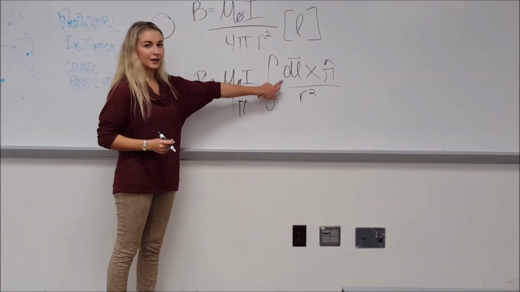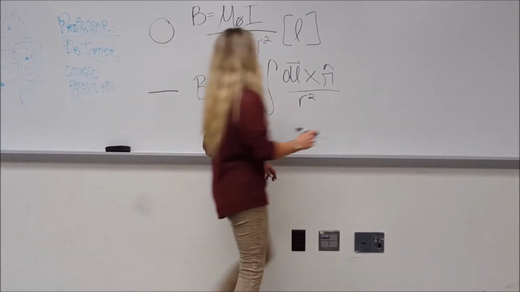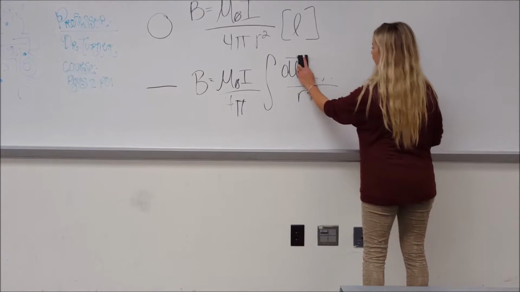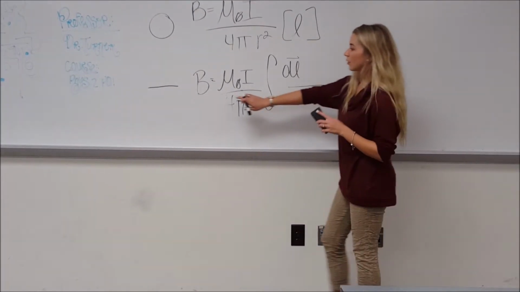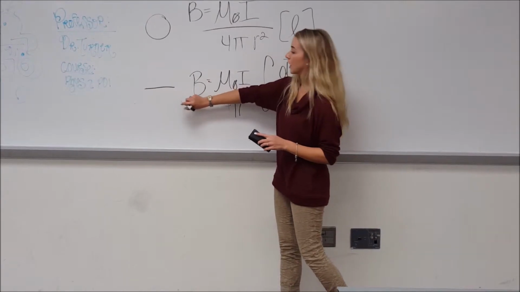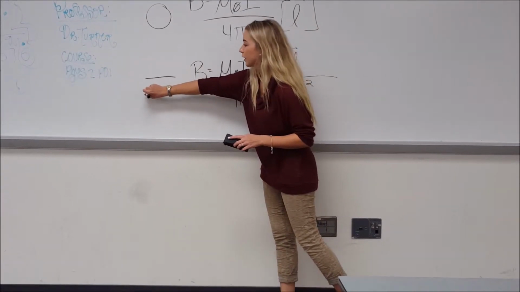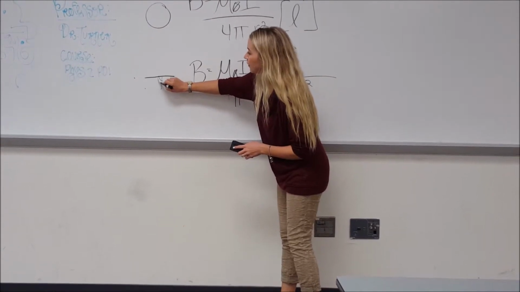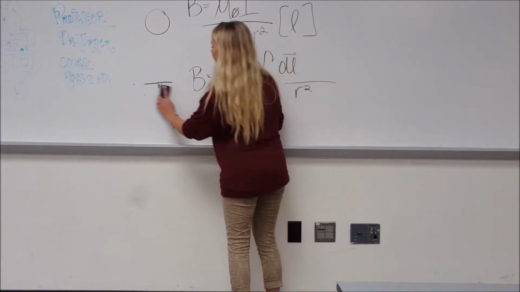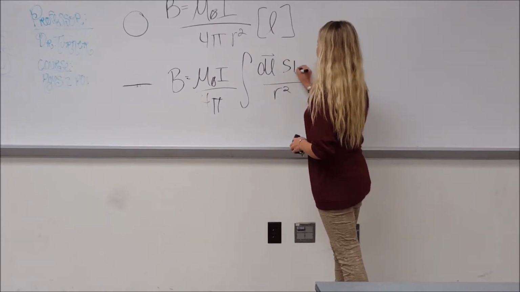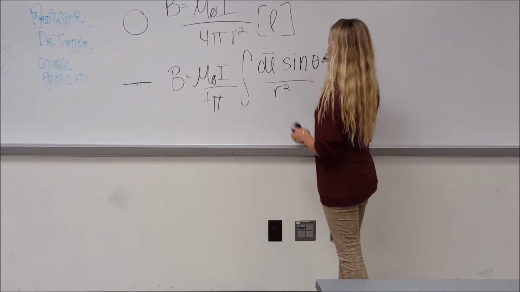Now we went over how cross multiplication works, so our r hat is still going to go to 1. However, now our point may not necessarily be at 90 degrees all the time. We could have a point here, here, here, here. And we're going to have to find the theta in between that. So we're going to have to keep that sine theta on the end.